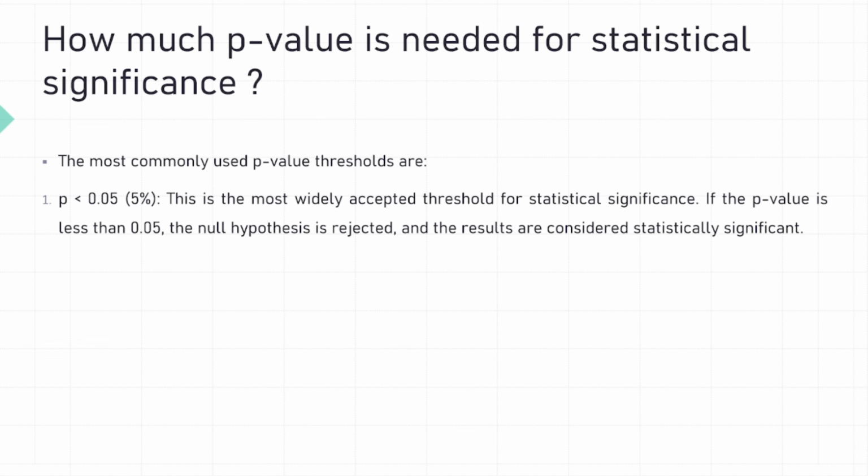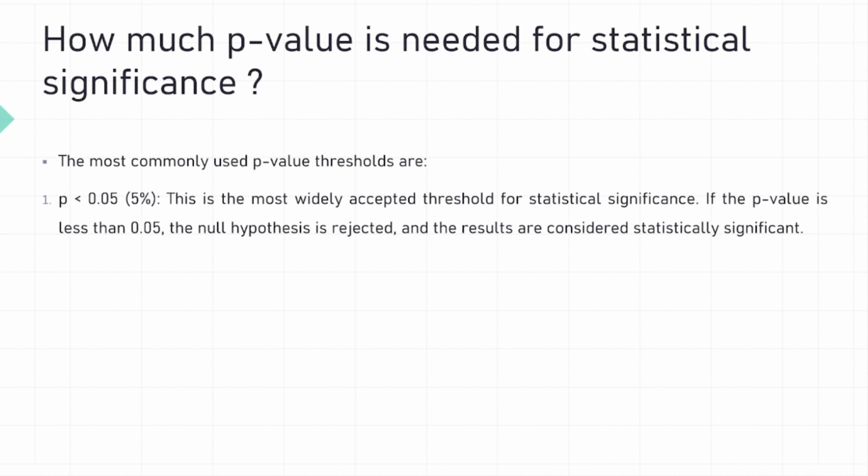So if there's less than 5% probability and 5% is our threshold, then we can accord statistical significance to our correlation coefficient. In other words, we would accept our alternate hypothesis and reject the null hypothesis that whatever is going on here is not real, right? It's happening as a result of randomness.